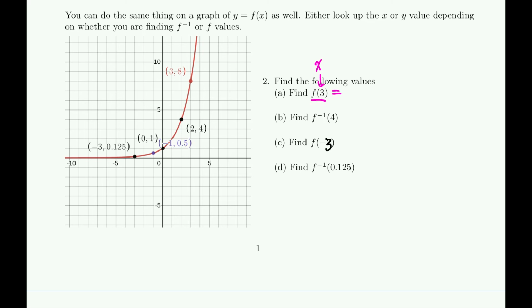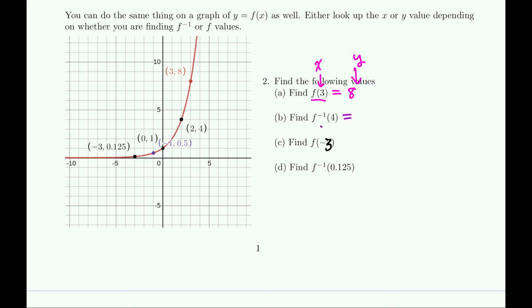So what would the y value be? Well, look for x equals 3. So I look here, I find 3, 8 is on the graph. So what's f of 3? It is 8. 3 and 8. Okay, next one. F inverse of 4.